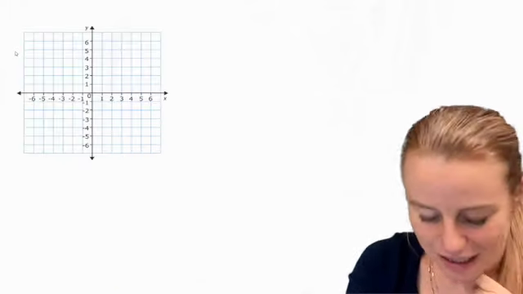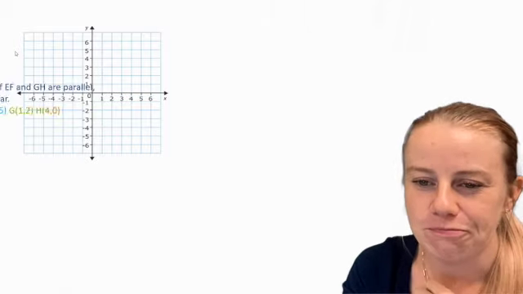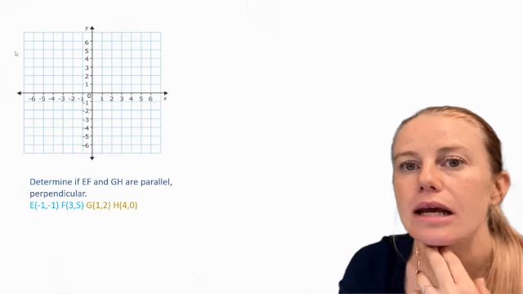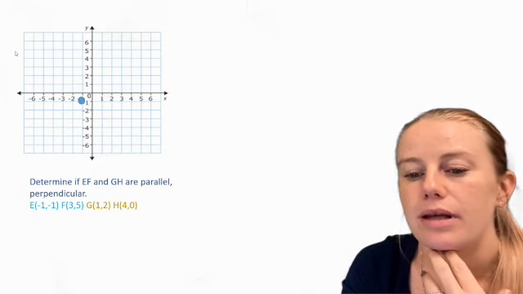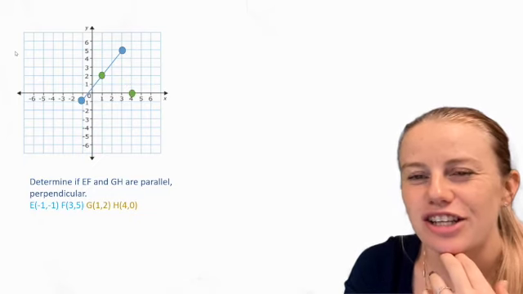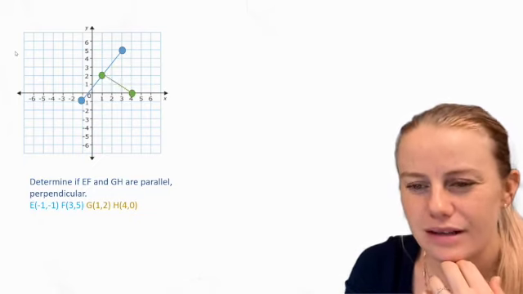All right, let's look at another example. Again, we're given our points of our lines. Want to plot them. E here, F here, and there's that line. G here, H here. There's our line.